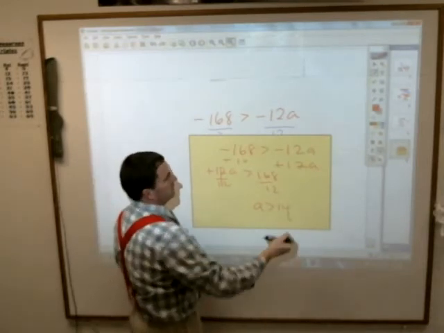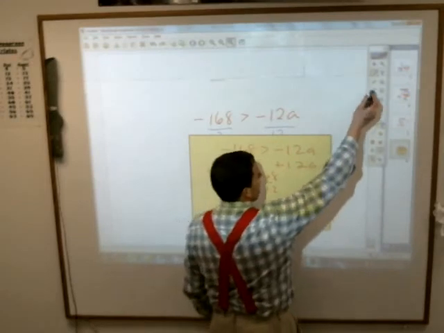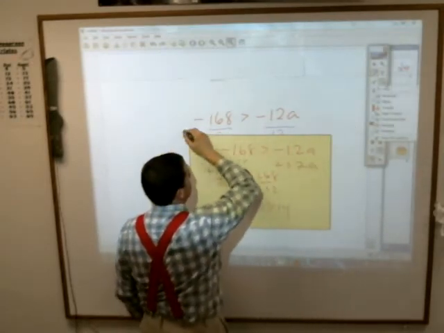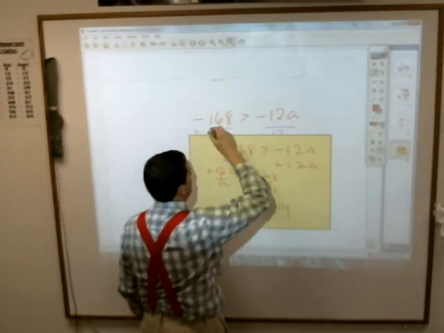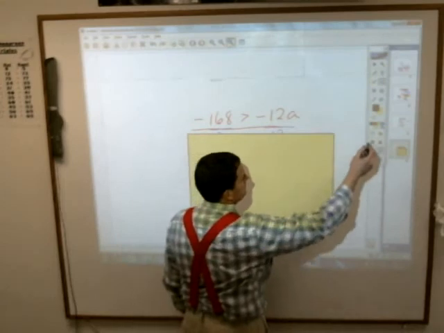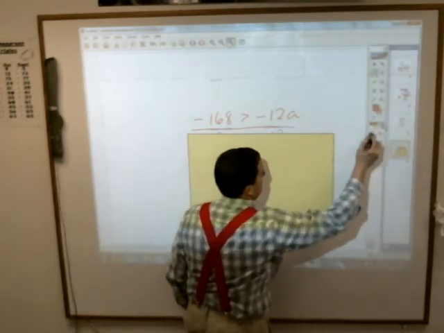Or I could have done what Steph said right off the bat. You could have divided by a negative 12 right off the bat.